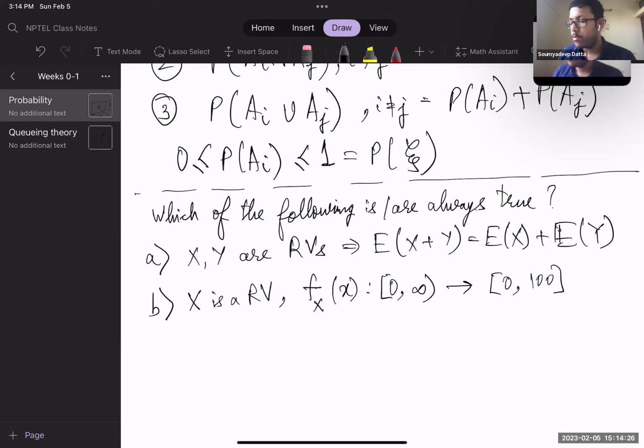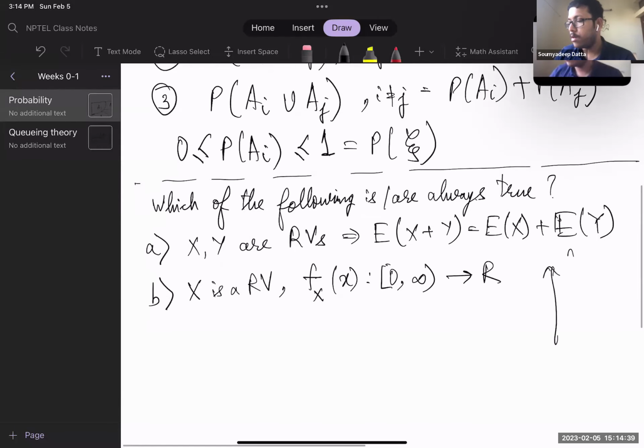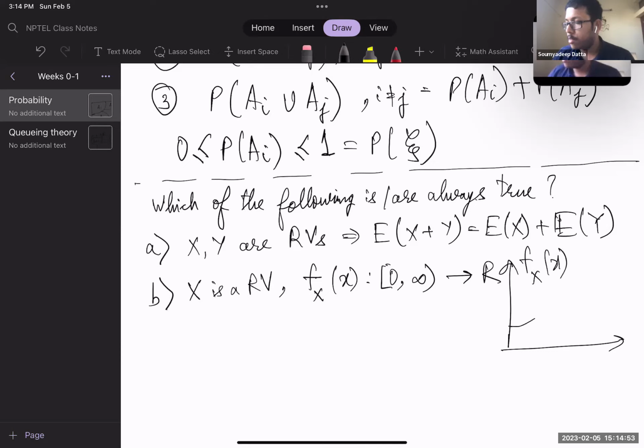So actually, we can make it a general range R. So the key idea is the PDF. So this is some random variable with a PDF f_X(x) that is defined over the positive real axis, right? f_X(x) is some function like this.